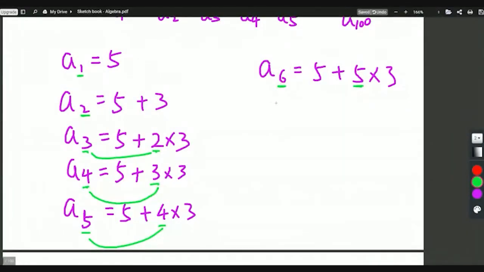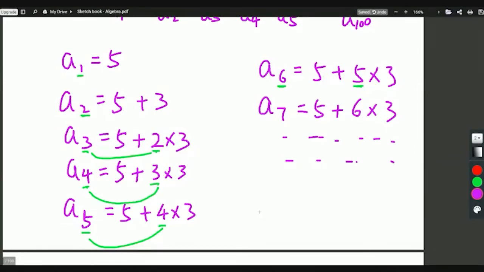Okay, and I think you can see if we go on, A7 will be, this 5 won't change, and then plus 1 less than 7 is going to be 6 times 3. So I can go on and on, but I think we don't need to repeat ourselves.